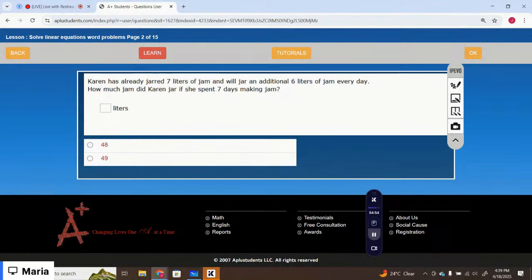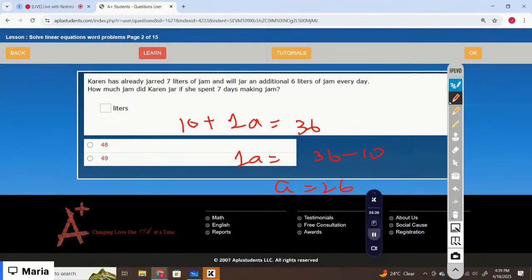Karen has already jarred 7 liters of jam and will jar an additional 6 liters of jam every day. How much jam did Karen jar if she spent 7 days making jam? So, which is the correct option? Already jarred 7 liters of jam and will jar an additional 6 liters of jam every day.